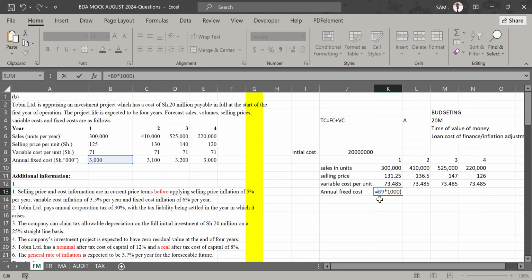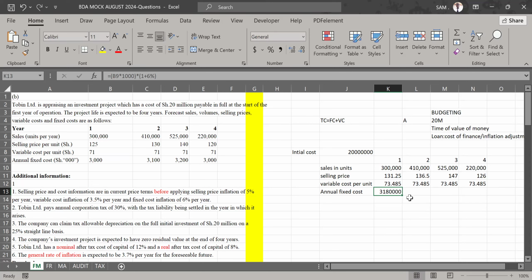Before I apply the inflation rate adjustment, I first make sure my figures are in correct level of precision. After that, I multiply whatever I'm going to get there by the inflation adjustment, which is 1 plus. What is the inflation adjustment rate for fixed cost? We are given here in note 1 as 6%. So I bring on board 6% like that. I close my bracket and then I confirm, control enter.